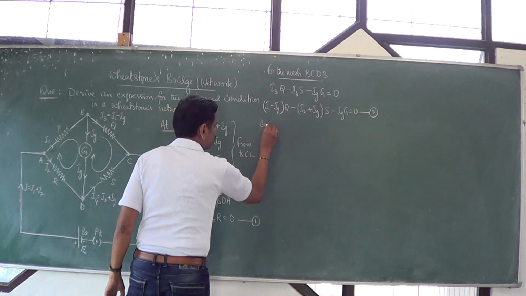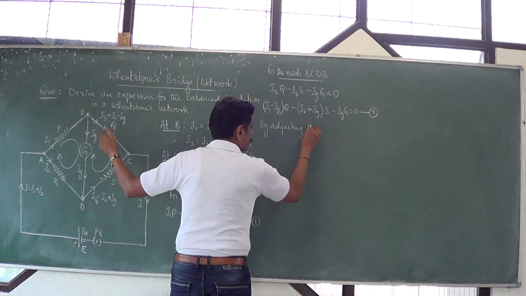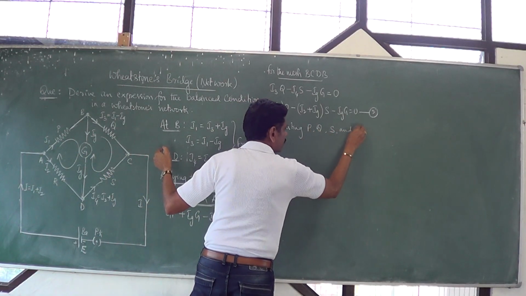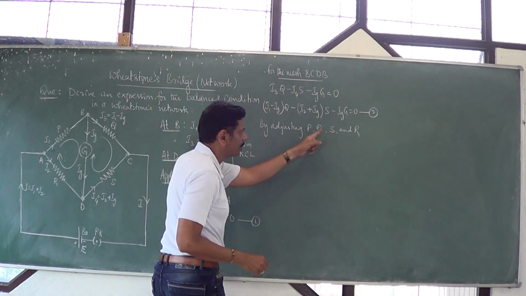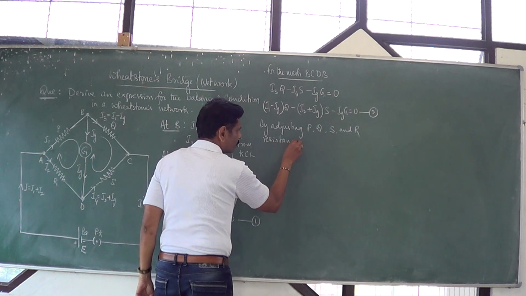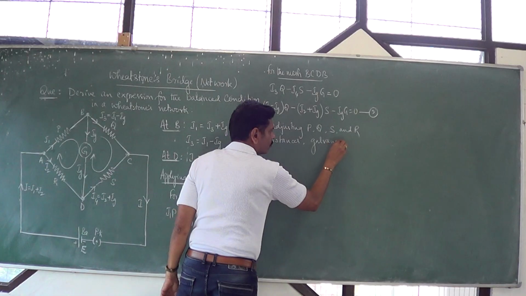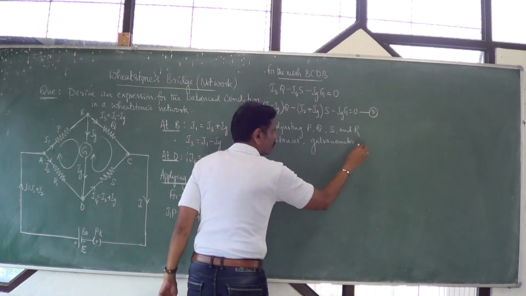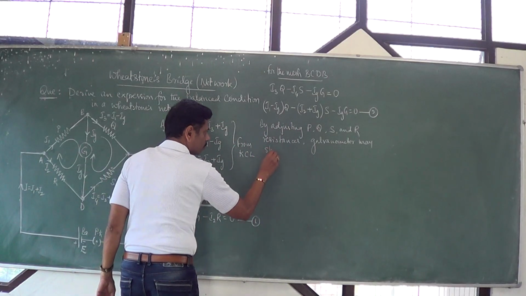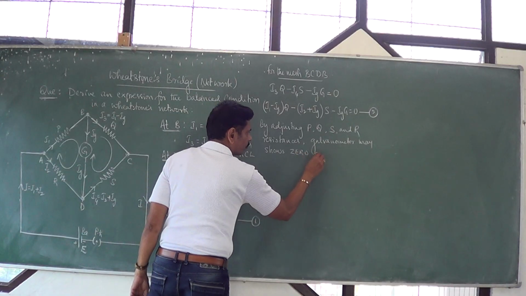So what we have to write here? By adjusting P, Q, S and R resistances, the galvanometer may show, it has to show of course, 0 deflection.